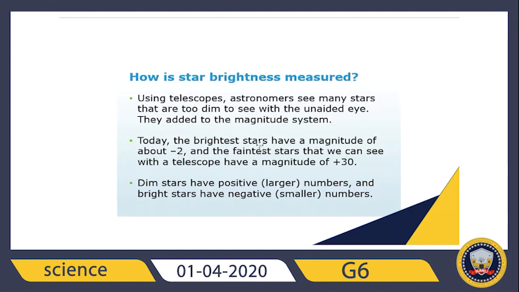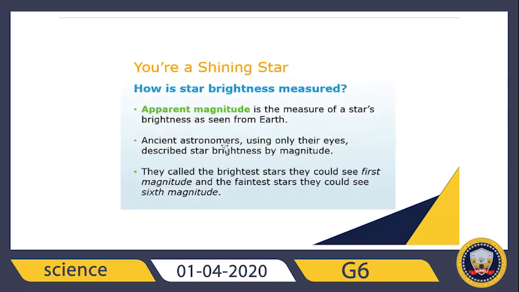What about the faintest stars, guys? The faintest stars, according to the new system, have a magnitude of +30, while as we said, according to the old system, the faintest stars have the sixth magnitude.